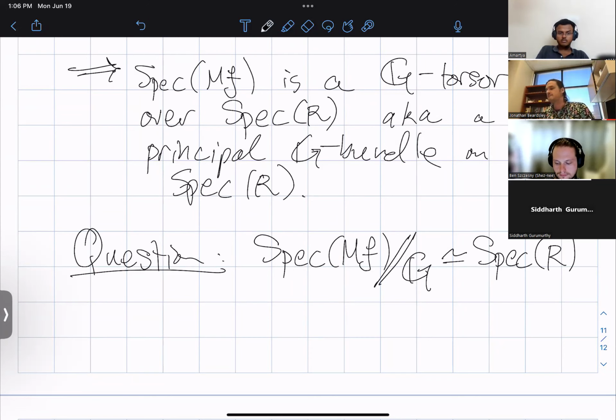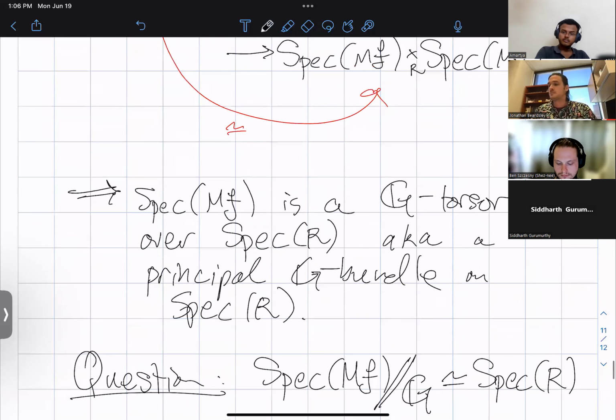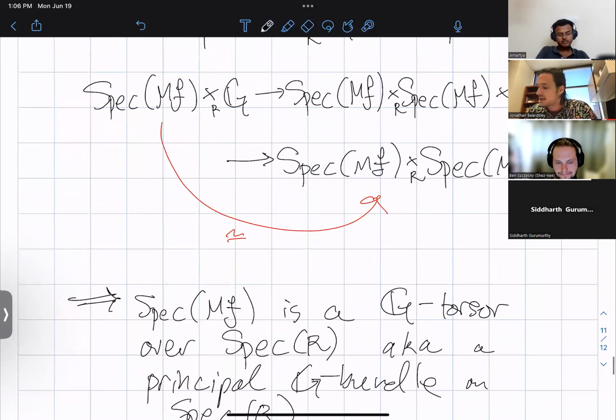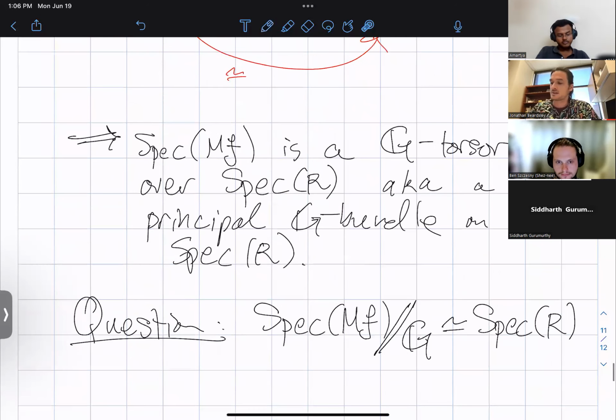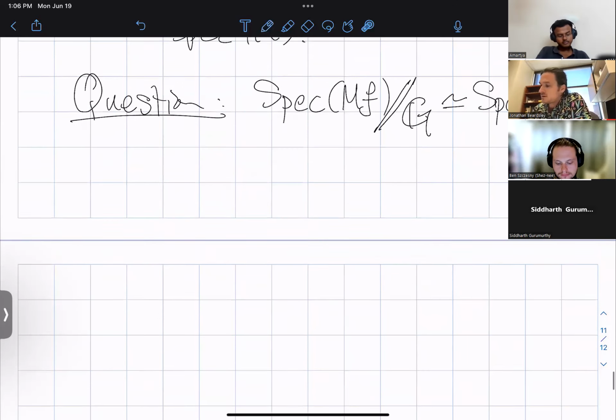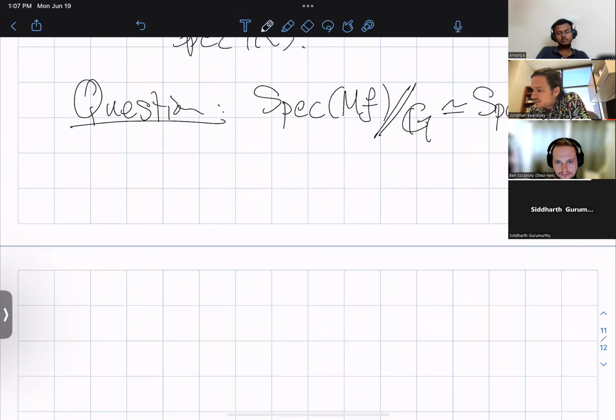This is part of the definition really of being a G-torsor in classical algebraic geometry, and you basically get this for free from this statement up here. But in this situation, this isn't always the case. So this is a question.